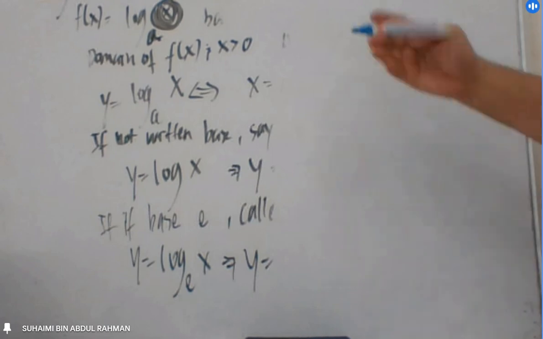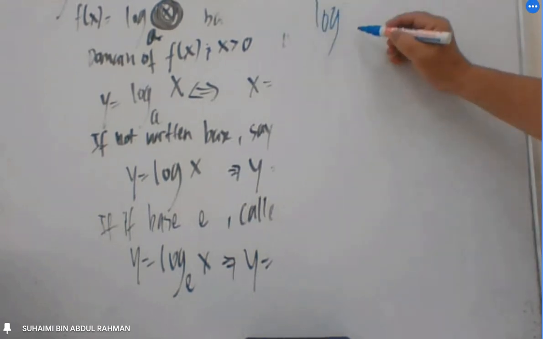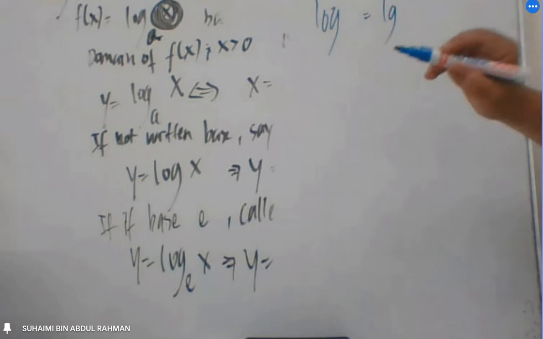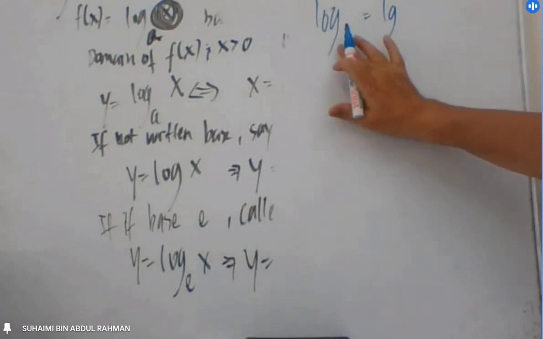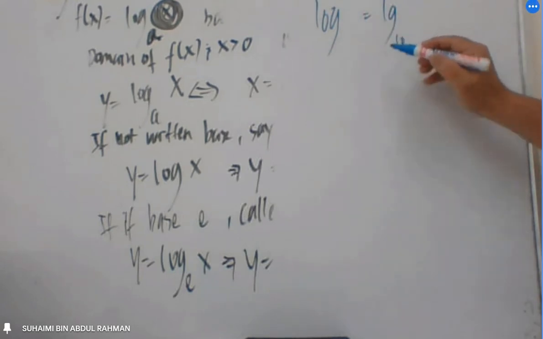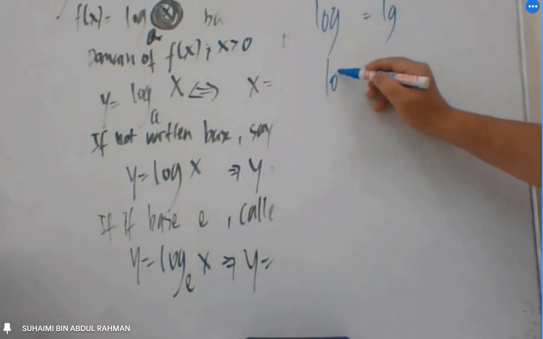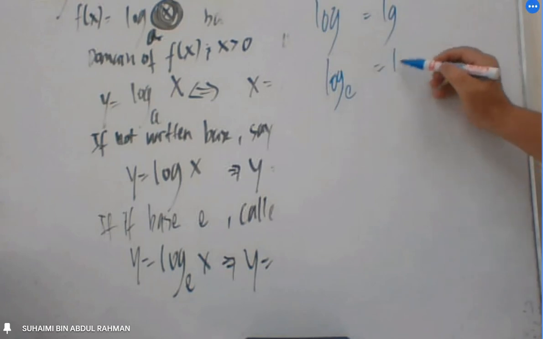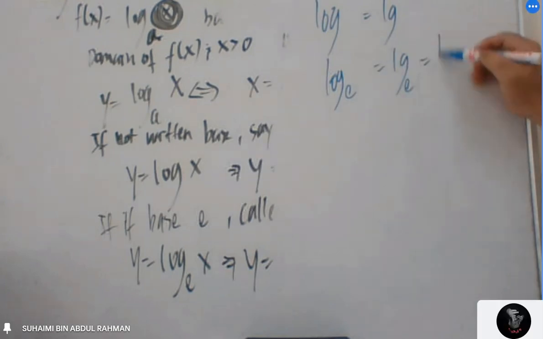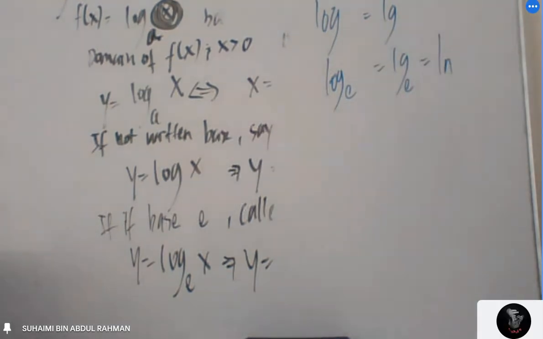Sometimes log e is equal to ln. So later when you encounter ln, it's not peculiar to you, because ln means log with base e.